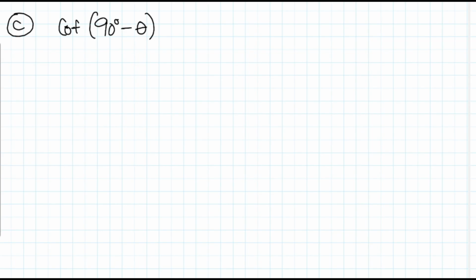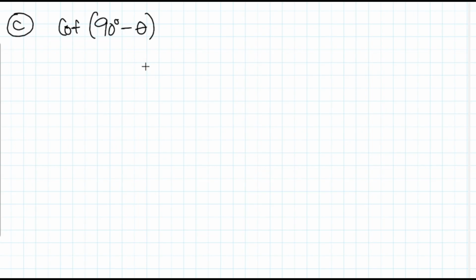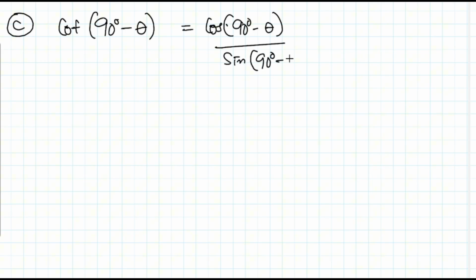So cot of 90 minus theta is the same thing as cos of 90 minus theta over sine of 90 minus theta. Good. And cos of 90 minus theta is always equal to sine theta.